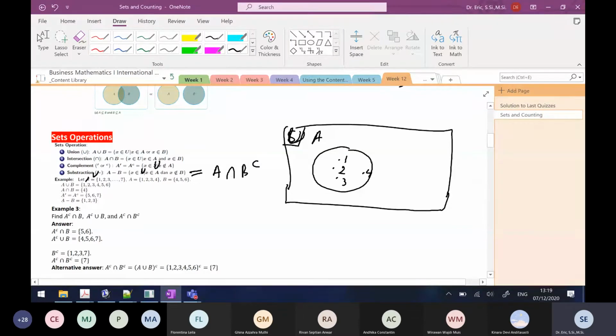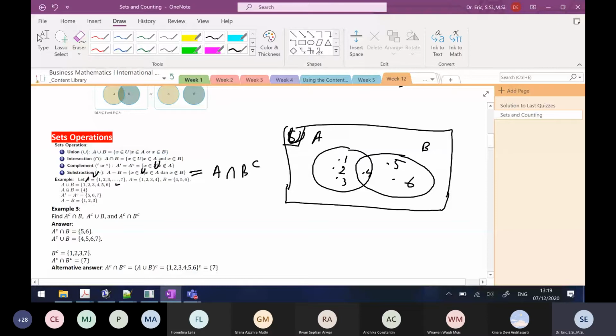And B contains 4, 5, 6. So if you want to find A union B, you unite all the sections: 1, 2, 3, 4, 5, 6.